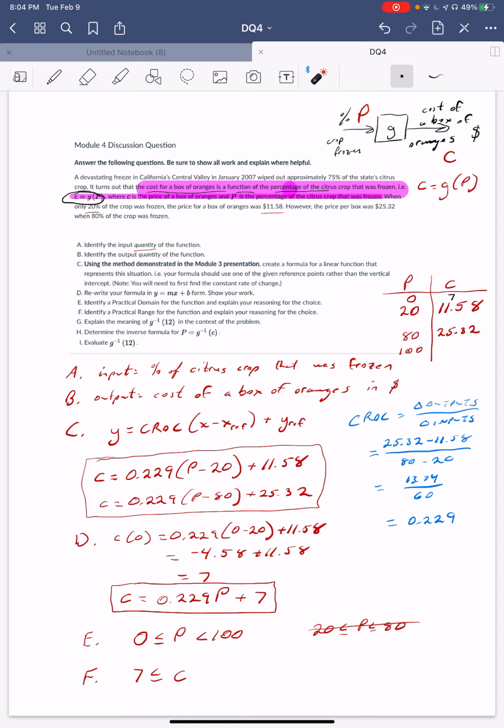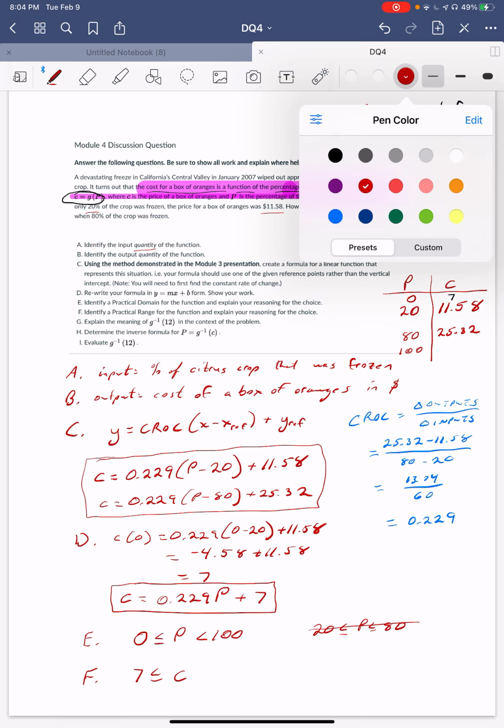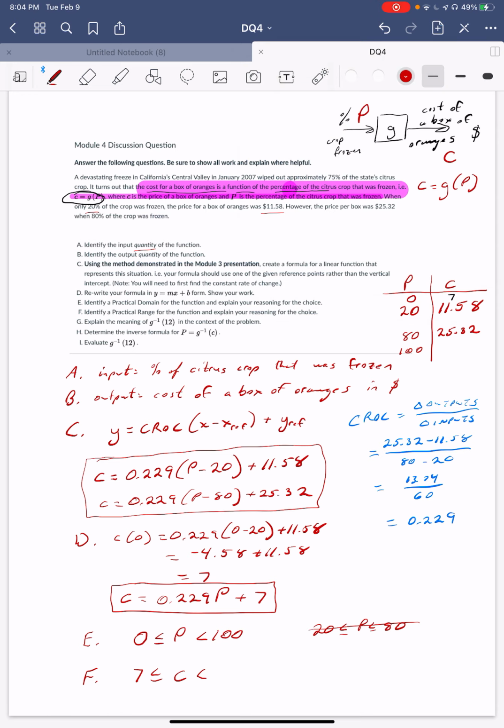So I'll use this last one because it's in its most simplified form. So 0.229 times 100 plus 7 is going to give me $29.90. So that would be the maximum that the box of oranges would ever cost. And the reasoning behind that is because these output values match these input values.